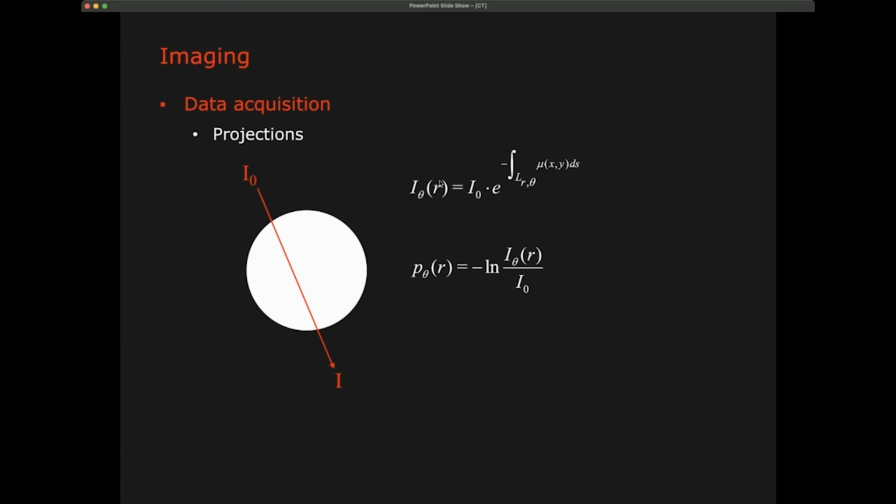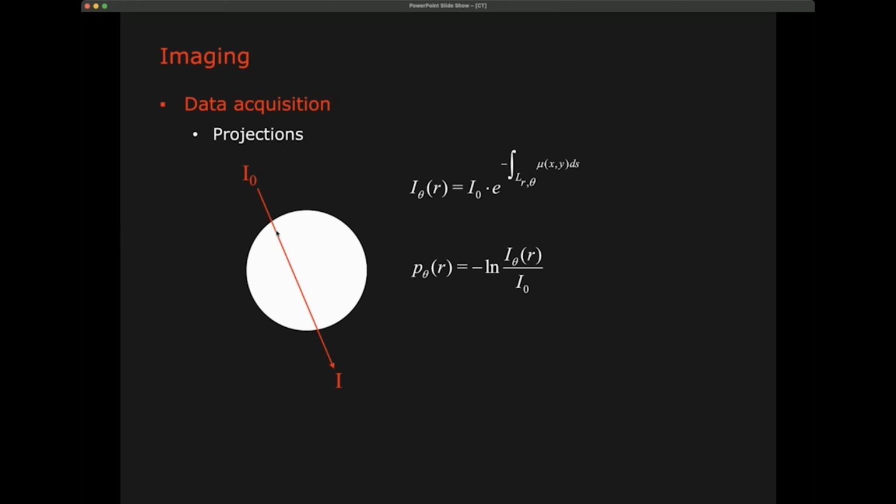As you can remember from the first class, the intensity of X-rays that we measure at the other side of the body is related to the initial intensity. The more X-rays we produce and let pass through the body, the more we will measure. But they will be attenuated with an exponential, which is related to the X-ray attenuation coefficient.